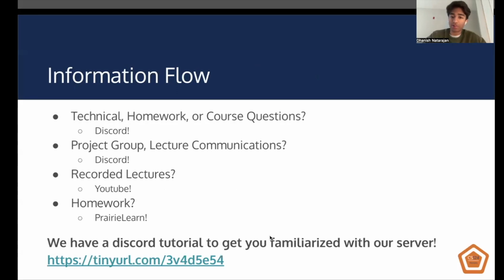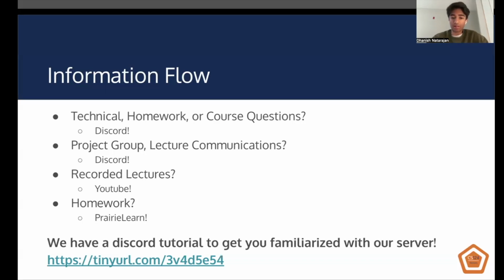Now, how do you keep up to date with all of the information, announcements, homework, lectures, etc. in this course? So the answer is Discord. Discord is the place where you can ask questions, stay up to date on what the announcements are. Also, a place where you can talk to other students in your group and talk to your project manager.